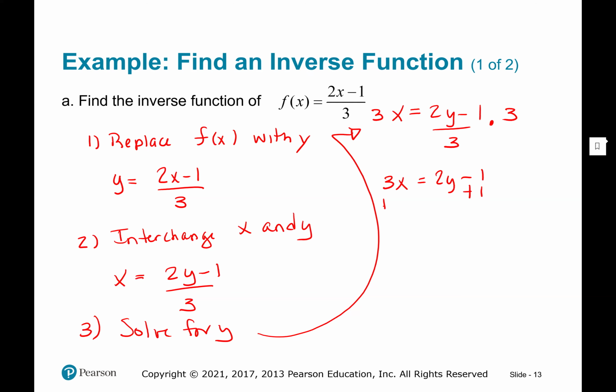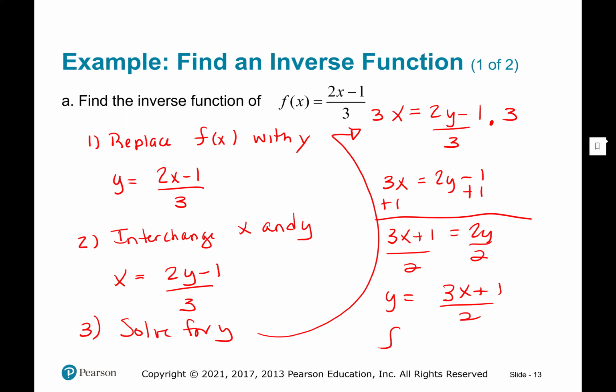That's what I would do. Then what would you do? Then replace, this is step 4, replace y with f inverse. They do exactly the opposite of each other.